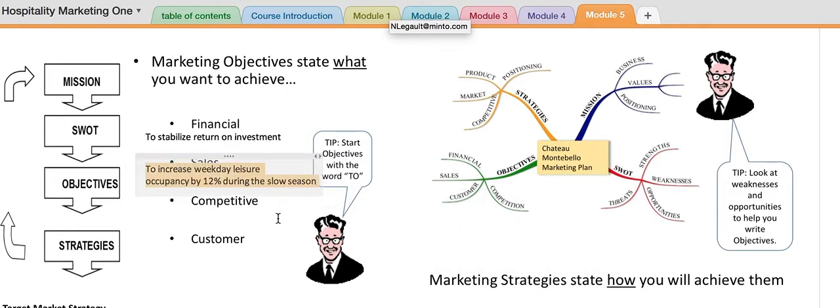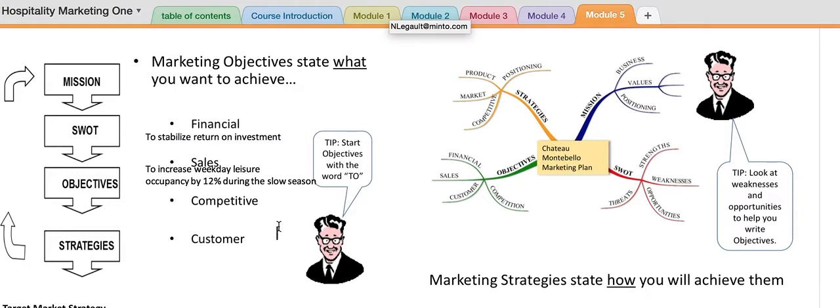Here's one. You may not know this, but this time of the year, October, November, until, of course, December, Christmas is busy, but this period is a slow period. And so they need to build weekday occupancy.